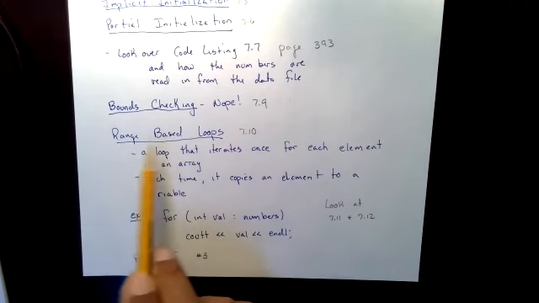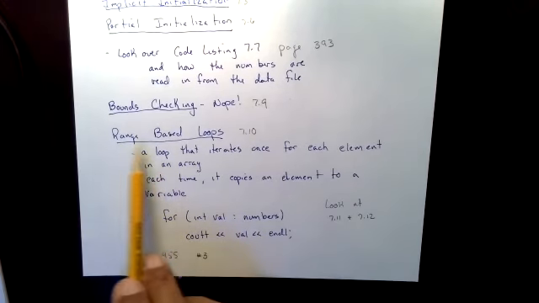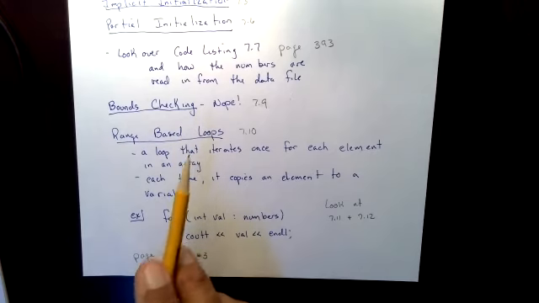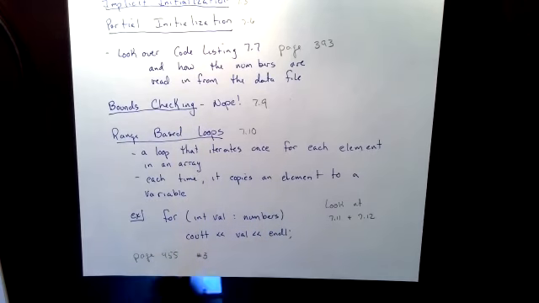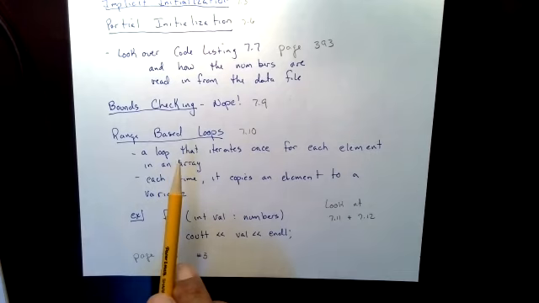But I see about 50% of the students, when they work with the loop, will actually work with this range-based loop. Okay, it's a loop that iterates once for each element in the array. So as long as there's elements in the array, it keeps going, and each time it's going to copy it to a variable.